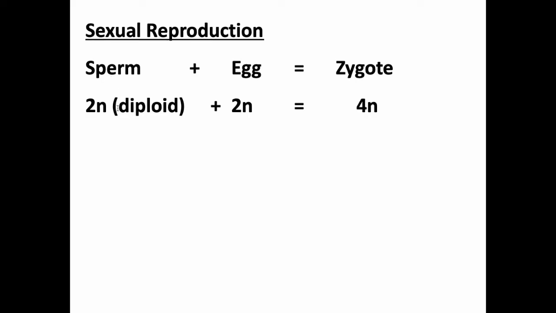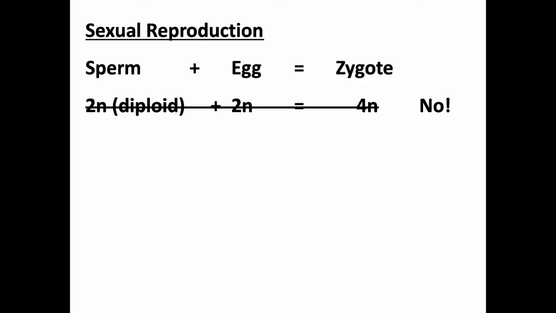So if our sperm are diploid, 2N, and the egg is diploid, 2N, 2 plus 2 equals 4, that would make a zygote that is 4N? 4 copies of each chromosome? Do we double the chromosome number in our offspring? No, we don't. Immediately crossing this out, we don't do this.